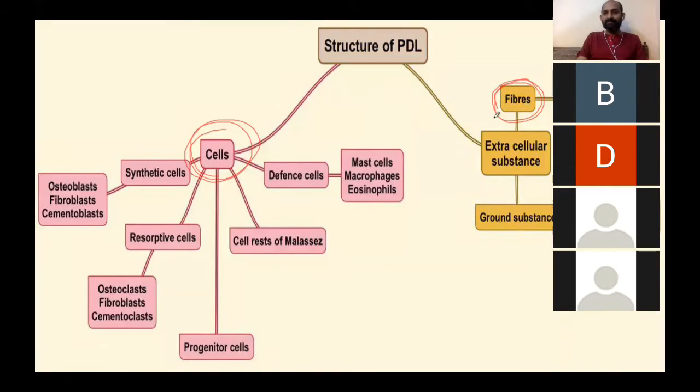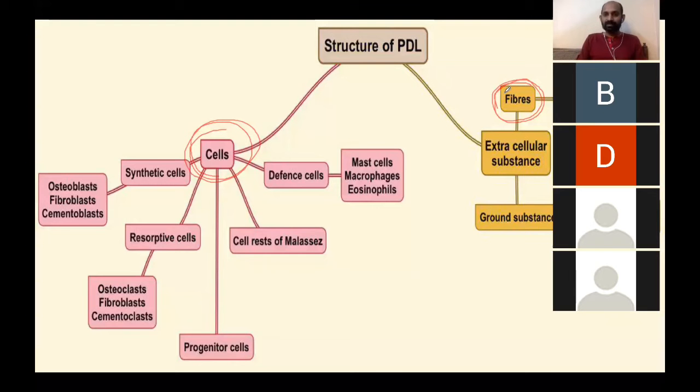And finally, within that, you have a lot of fibers, because the periodontal ligament, as we said, is a ligament. The function of these fibers is to connect the cementum on one side to the bone on the other side. So you have the base, the ground substance, in which you have all the substances inside.